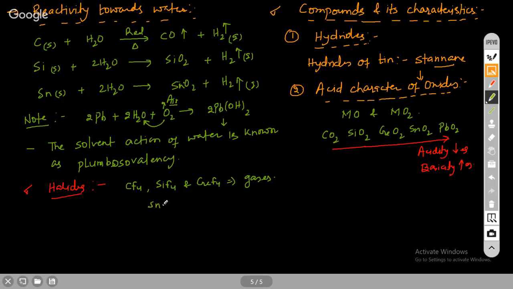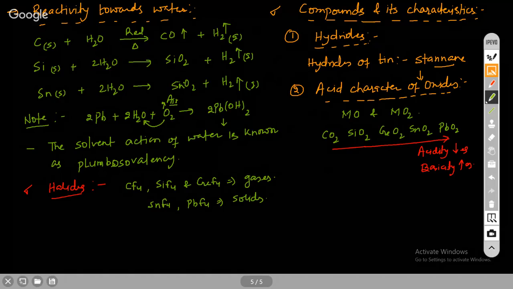However, SnF4 and PbF4 are actually solids. Why?